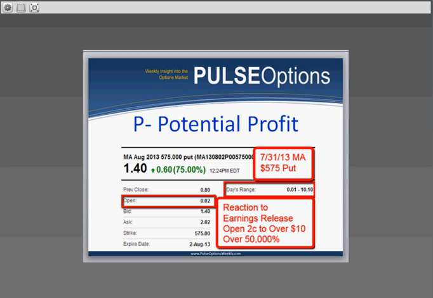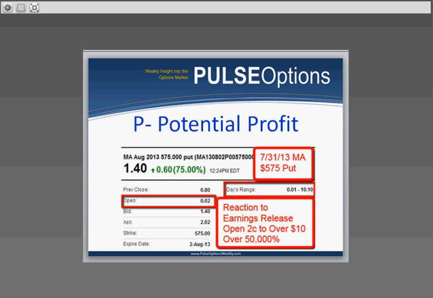He left a little bit of money on the table, but as you can see, it opened for 2 cents, and it closed at $1.40, but before closing, it reached a high of $10.10. So basically a 50,000% intraday move.